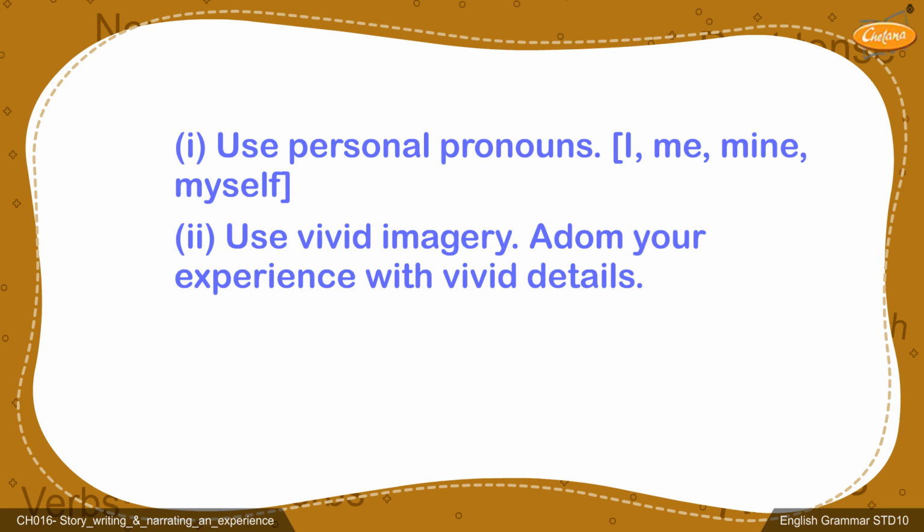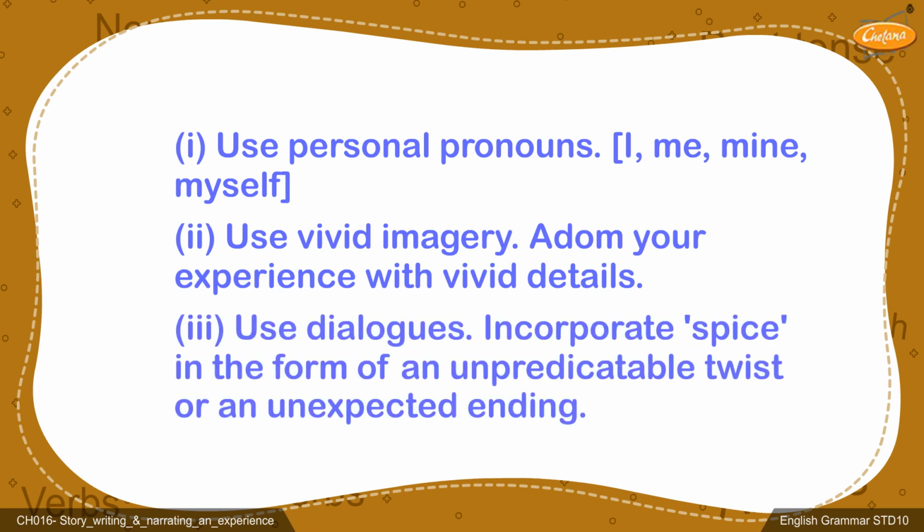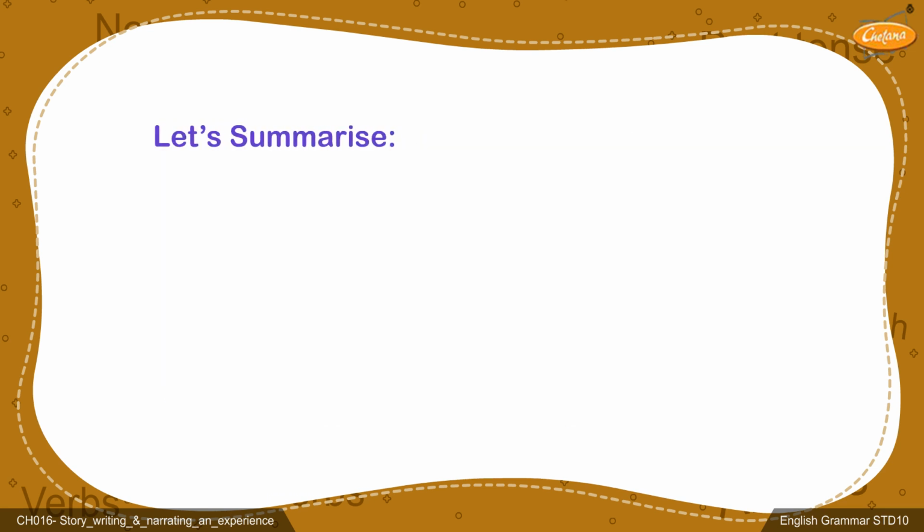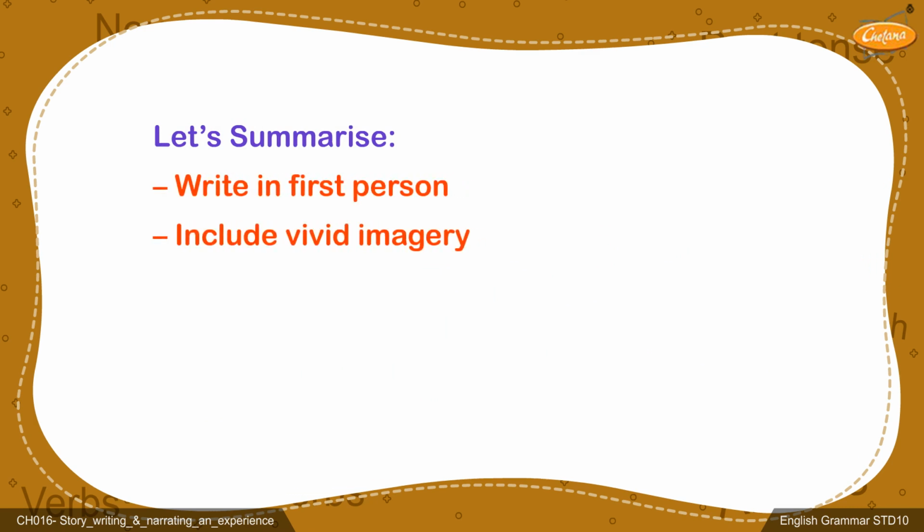Try to use imagery to provide vivid details of crucial objects. 3. Try to include dialogues in your narration. Also, try to incorporate spice in the form of unpredictable twists or climax. So let's summarize. You need to keep in mind all of these points to narrate an experience.